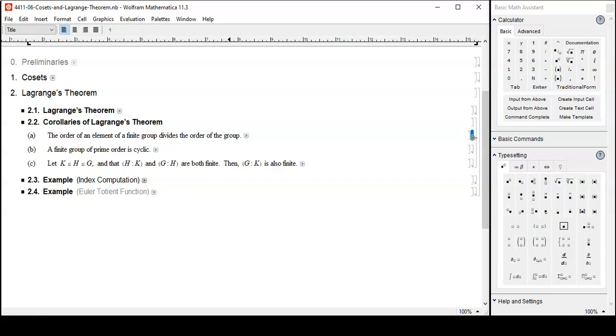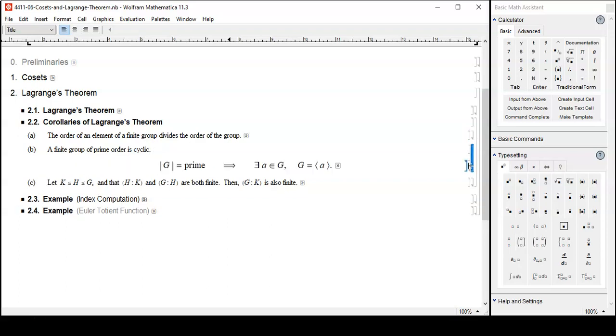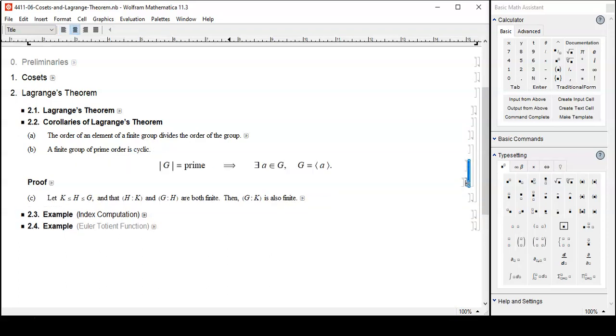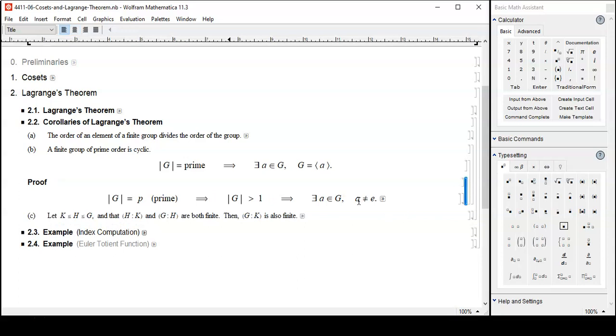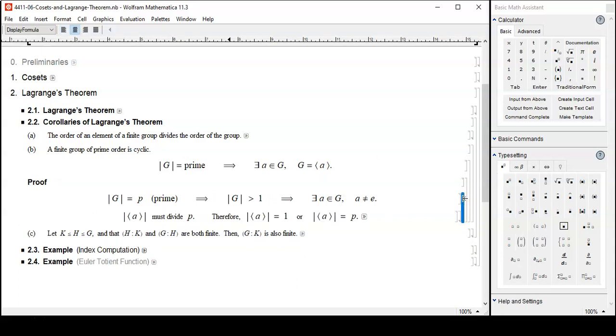Now, if that element is not the identity, then at least 2 elements are there, the identity and that particular element. And that order must divide p, but p is prime, so that cyclic group will cover everything. Consequently, we end up with a cyclic group generated by that element.